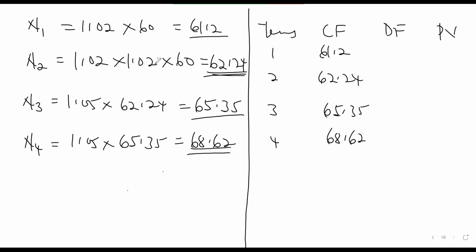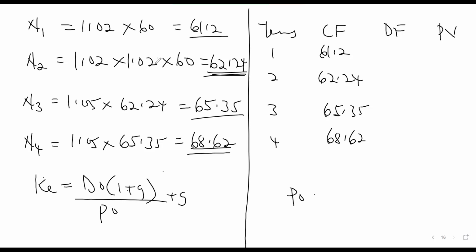So what we do is that we use the dividend growth formula, the cost of equity formula, to find the market value as at that date. So we now have P0 equals D0 times (1 plus g) over Ke minus g.